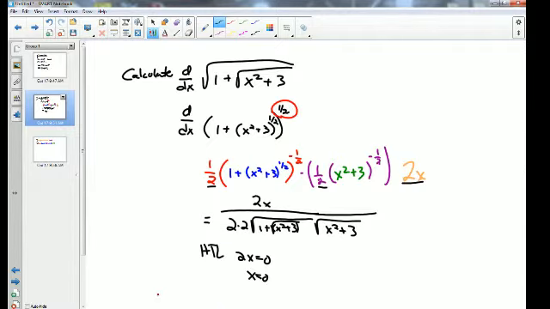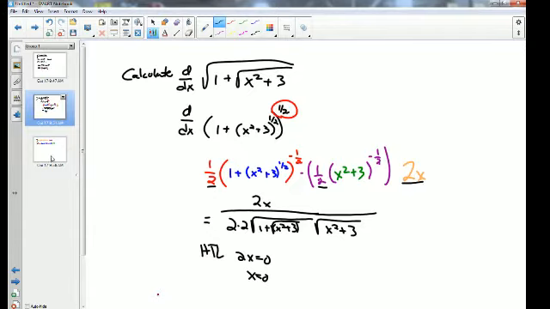No, this will never equal 0, because you never get negatives here. I'd say there will never be a vertical tangent line because the denominator of the derivative will never equal 0.